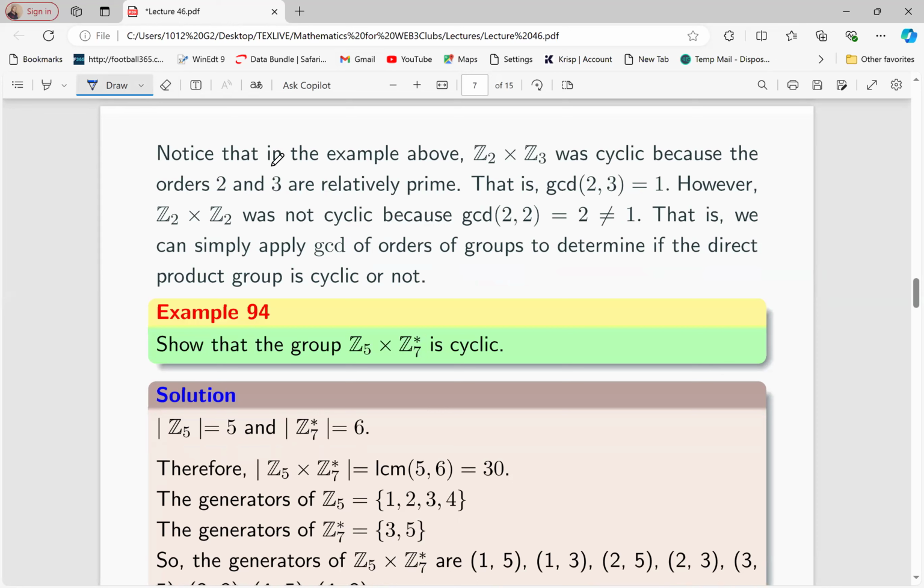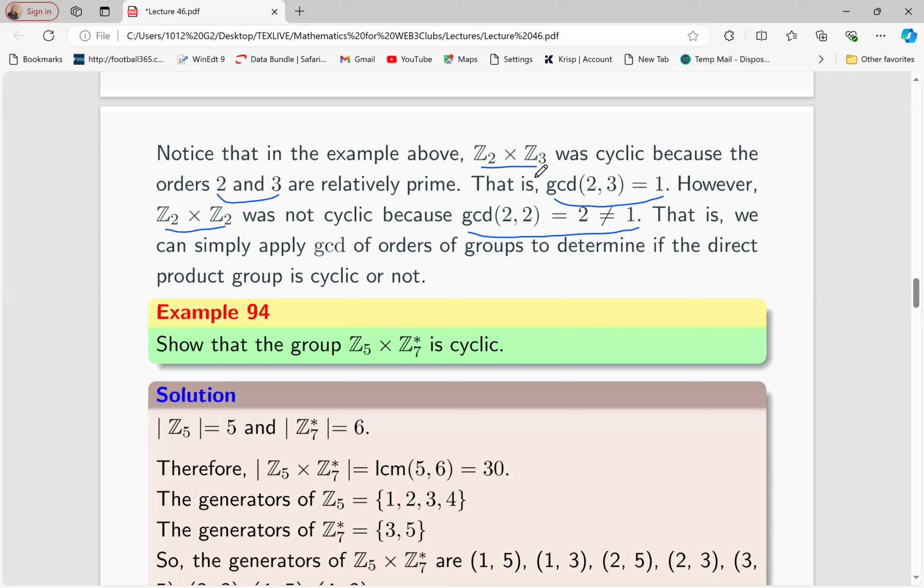There's a point here. I said, notice that in the example above, this example was cyclic because the orders were relatively prime. That is, the GCD was 1. However, this one was not cyclic because the orders were not relatively prime.